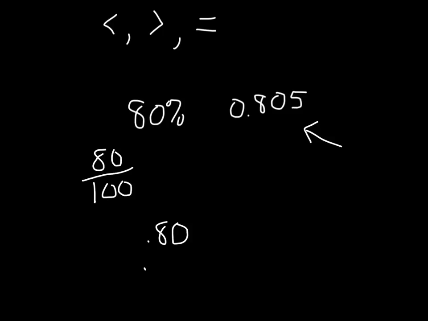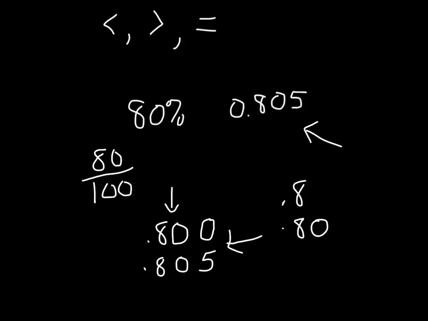When I'm comparing decimals like this, I have to line up the decimals, and then if I have a decimal like 80/100ths, I can add a 0 after it. It doesn't change the value. It's just like 8/10 would be like 8 dimes, and 80/100ths would be like 80 pennies. It's the same value. So now I can see which one's larger, and 805 thousandths is larger.